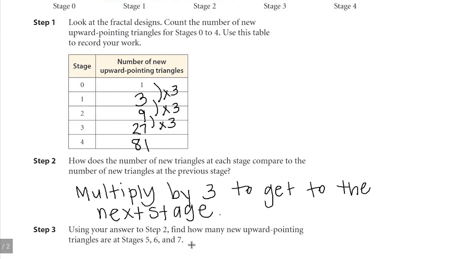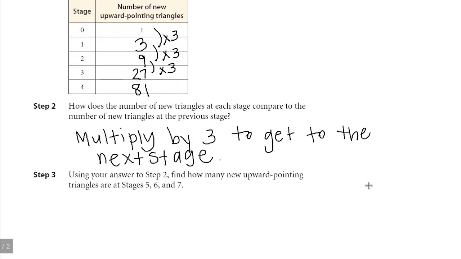So using our answer to step 2, find how many upward pointing triangles are at stages 5, 6, and 7. So what we're going to do, and let's draw in a table.